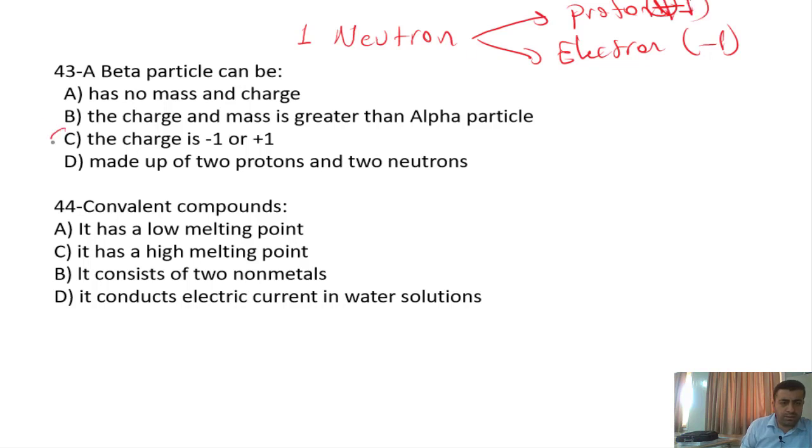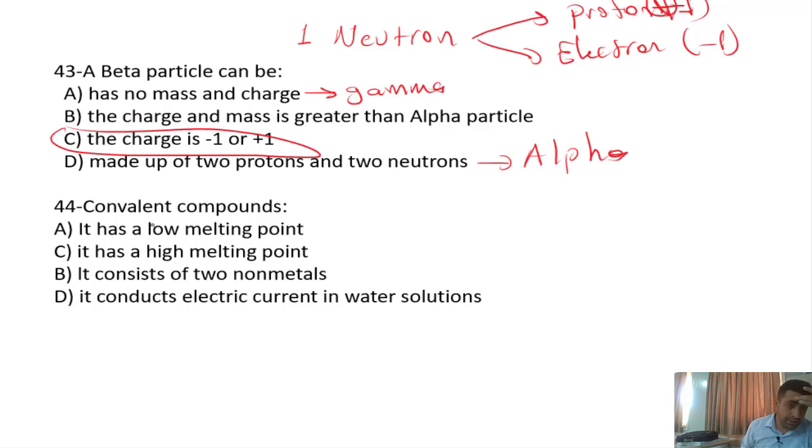So it will be C. Because it has no mass and charge, it is gamma. It is for gamma. The charge and mass is greater than alpha particle? No, the alpha particle is the largest one, biggest one, made up of 2 protons and 2 neutrons. It is also alpha particle. So answer will be C.